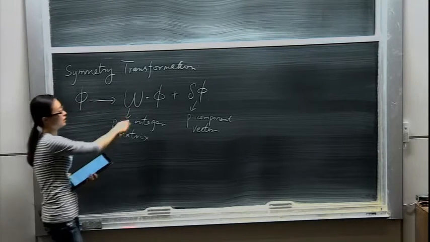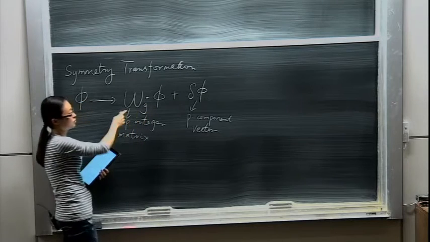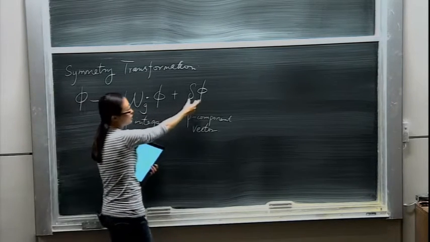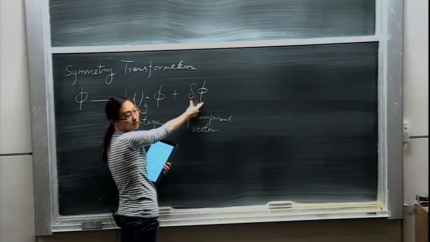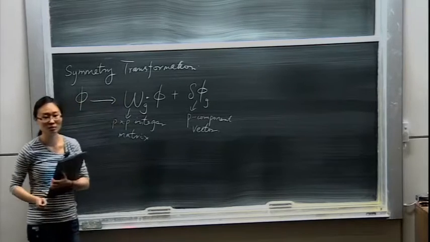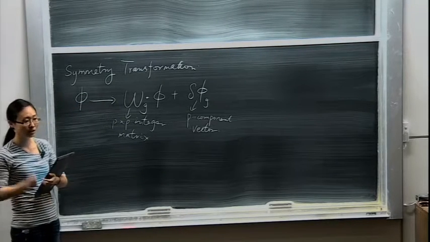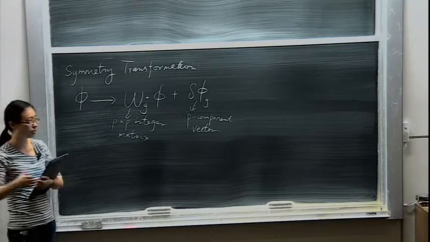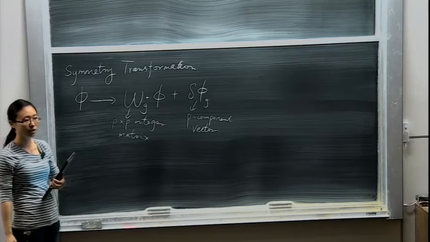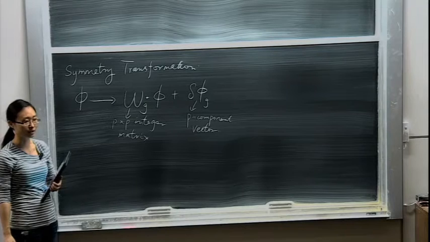We assign a matrix corresponding to that group element, and we assign a shift of these phase factors corresponding to that group element. And by doing these operations in sequence, we want them to form the group of the symmetry of the system.